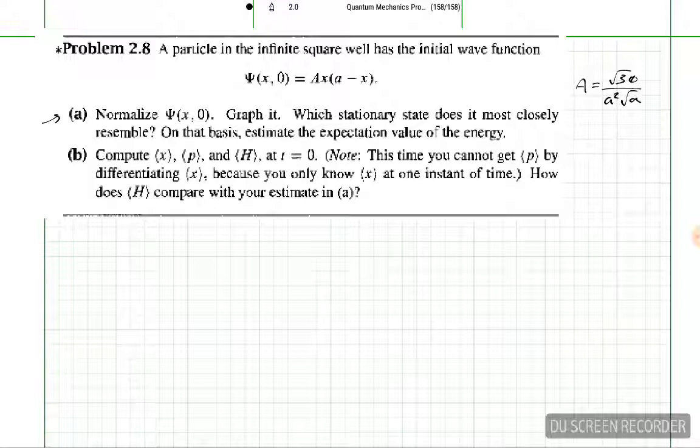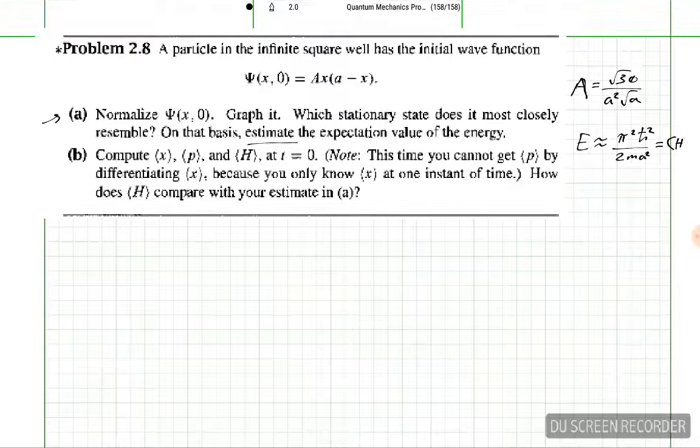And then our estimate of the expectation value of the energy was just going to be our ground state energy. That's all that we estimate there. So that's what we're estimating we would get if we calculated out the expectation value of the Hamiltonian. We expect to get the energy state as it is outlined in Chapter 2 of Griffiths.